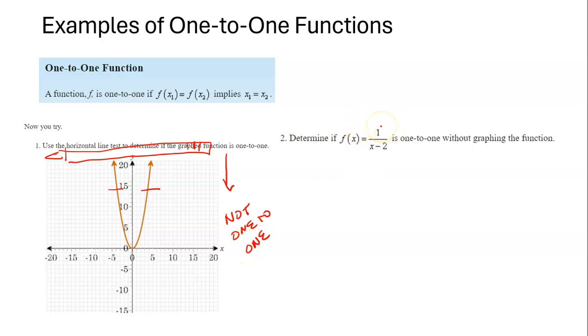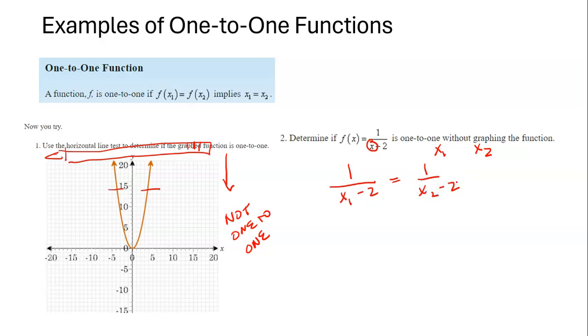This says, how do you determine if it's one-to-one without graphing it? First of all, I don't know why you wouldn't graph it. You have a graphing calculator and you have Desmos. But secondly, we'll go ahead and just use them. So we're going to insert two variables into this. We're going to insert x1 and x2 and see if we get those variables out. So 1 over x1 is equal to 1 over x2.